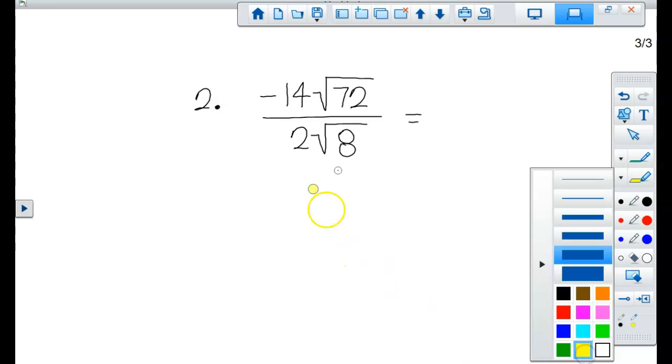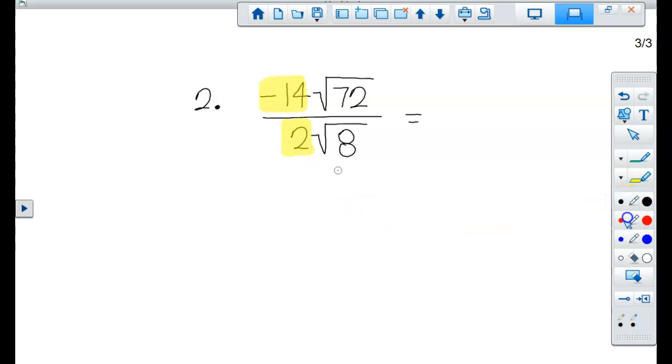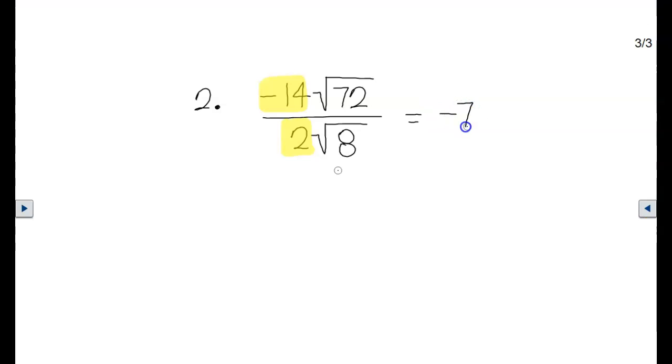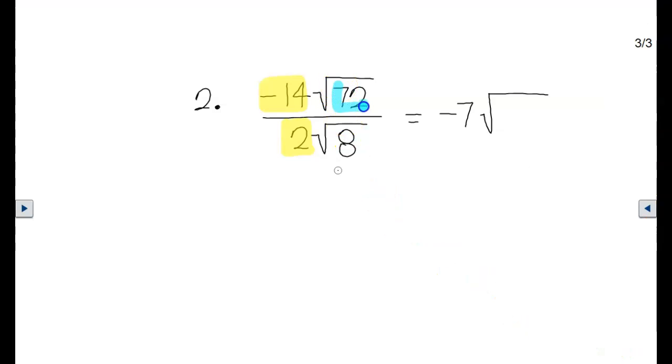All right, so in this division problem, first we are going to do the outside divided by the outside. Negative 14 divided by 2 is negative 7. And then next up, we will do the inside divided by the inside. 72 divided by 8 is 9. So here's where we end up. We end up with negative 7 square roots of 9.